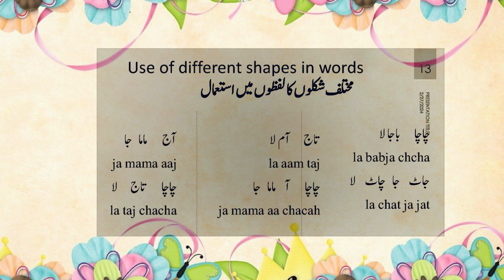And you can see here from B group, in the words jat and chart, T did not change its position. Why? Because it came at the end. So it is a rule in Urdu that most of the alphabets, except some, when they come at the end, do not change their shapes. They come in their full forms.